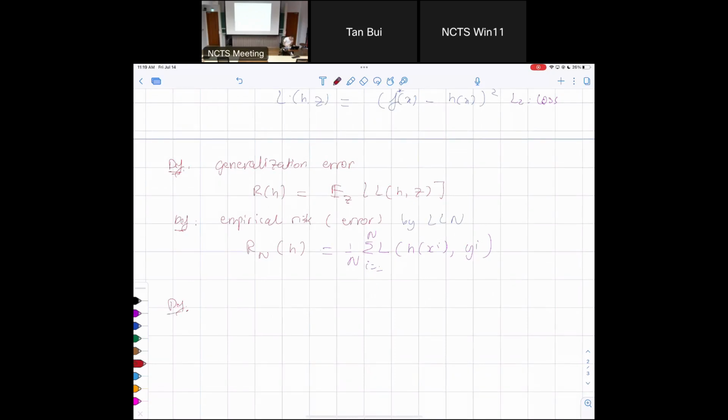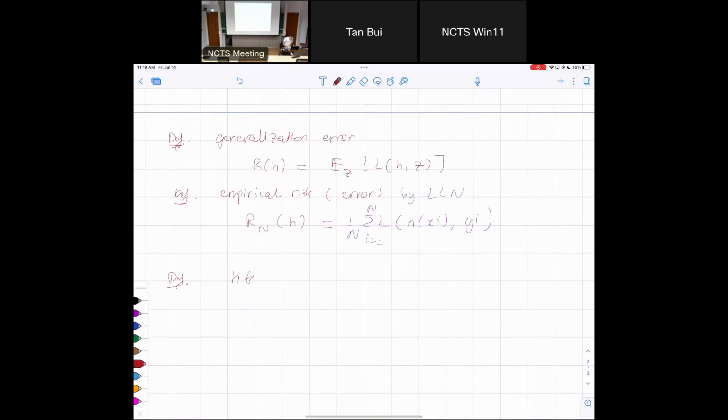Remember that h is in our hypothesis space, and the hypothesis space we typically parameterize by weights and biases, W. We combine all of the weights and biases into one big vector W. I'm lazy to put the vector arrow on W, so to avoid cumbersome notation, we'll forget about the arrow.